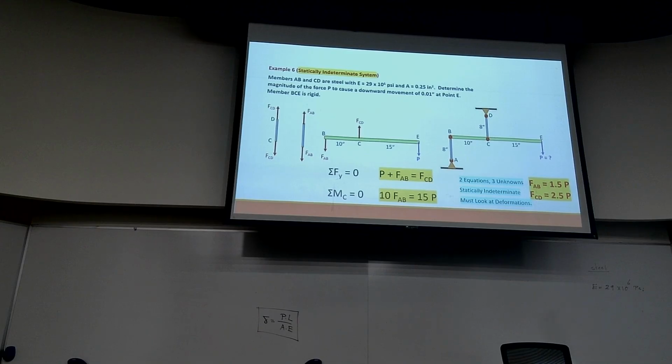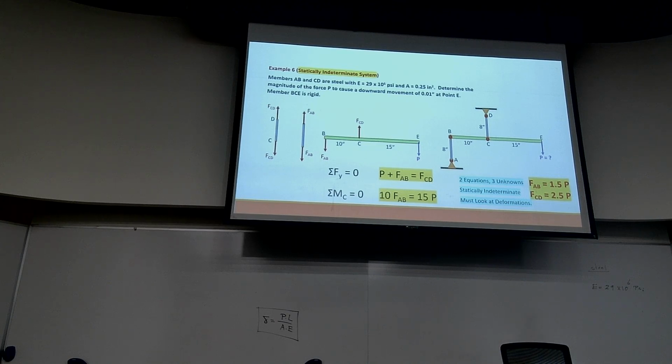So we have a rigid member. There really is no such thing as a rigid member. The forces are big, everything is going to deform. But when we say something is rigid, it means in comparison to the other members shown in blue, the deformations are very small.